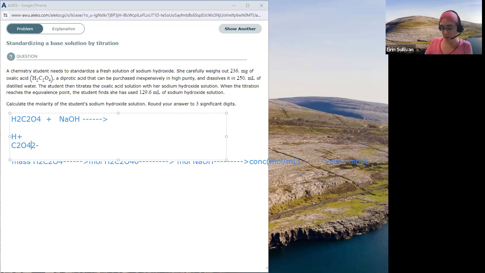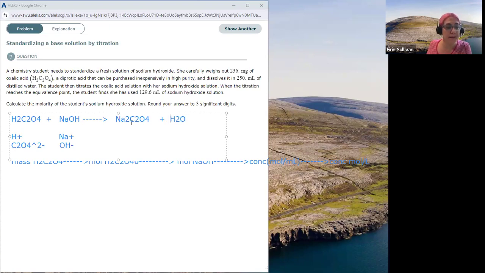And sodium hydroxide is going to break apart into the sodium cation and the hydroxide ion. So it's going to take two sodium cations to balance this 2- oxalate ion. So the formula of sodium oxalate should be Na2C2O4 as an FYI. And then water is our other product. Remember, acid plus base gives salt plus water.